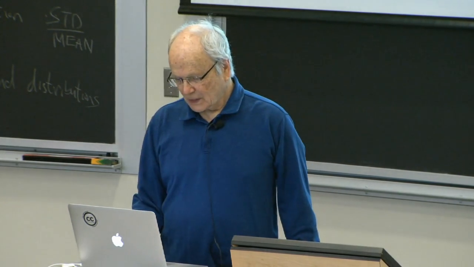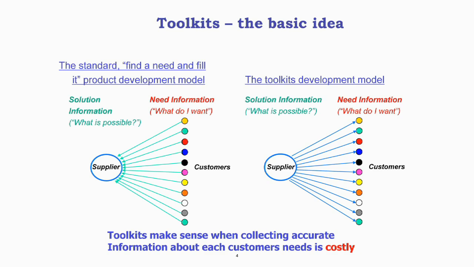Now, here's the general principle of a toolkit. The basic idea in terms of ordinary market research, find a need and fill it kind of activities that you've all been taught, is that you have a need and we make something for you.